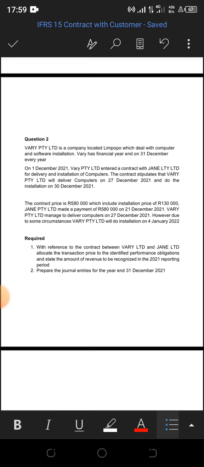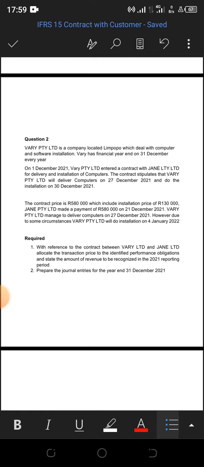Then the contract price is 580, which includes installation of 130. Jane Pty Ltd made a payment of 580 on 21 December 2021. Vari Pty Ltd managed to deliver computers on 27 December 2021.